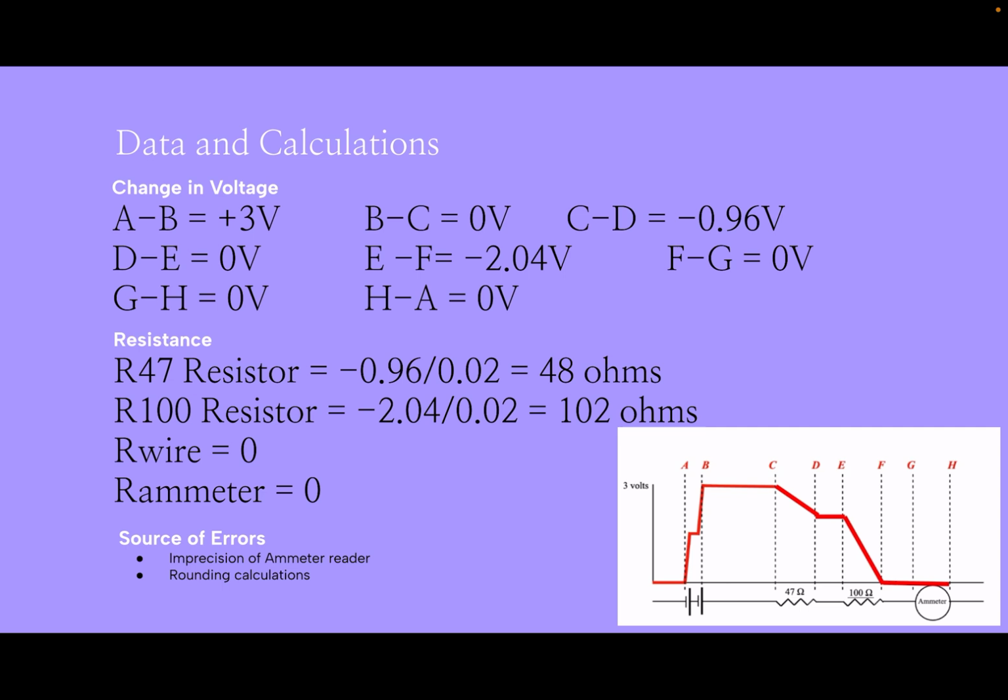And once again, the R of the wire and the R of the ammeter was 0. In this part of the experiment, the source of error could have been the imprecision of the ammeter reading or just rounding calculations, since we were rounding to the third decimal point for a lot of these.